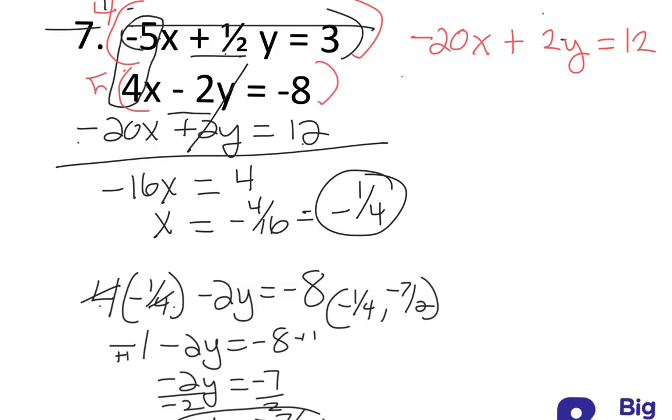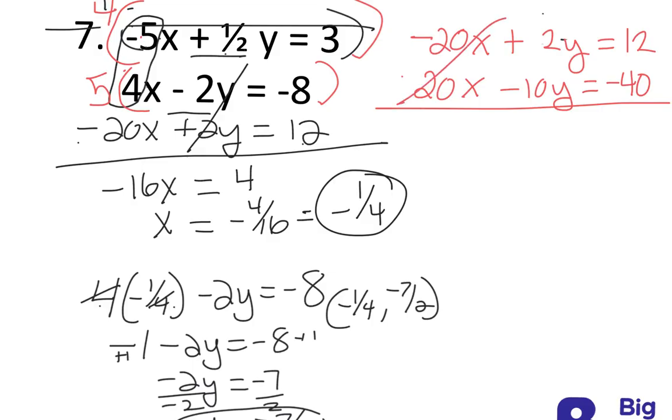So if I multiply this by 5, that would give me 20x minus 10y equals negative 40. So these would cancel out. Negative 8y equals negative 28.